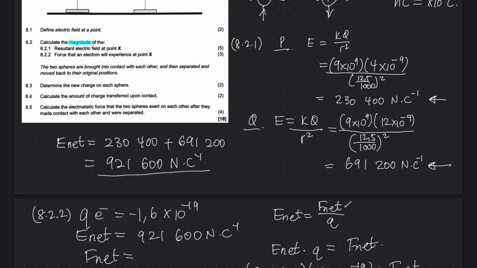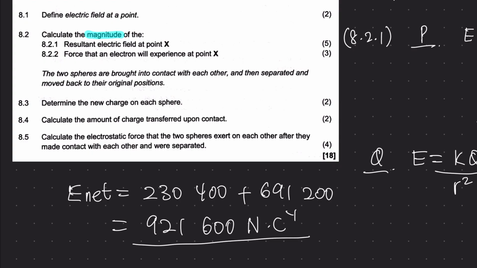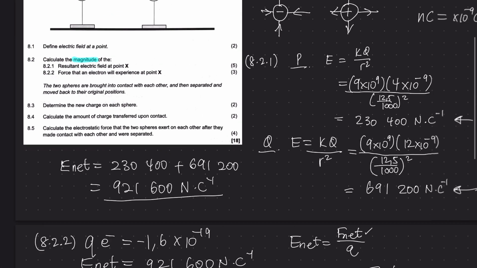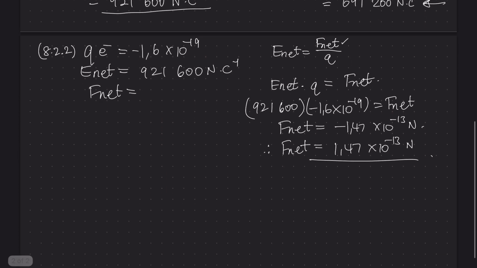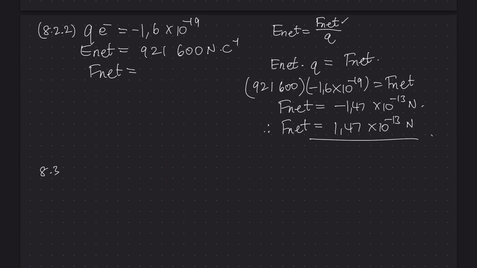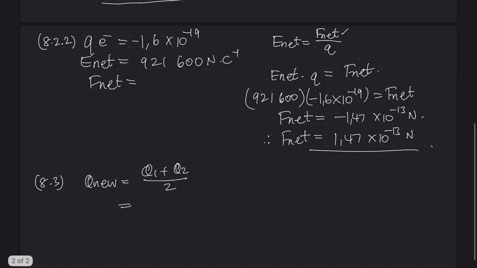Next, they tell us the two spheres are brought into contact with each other and then separated and moved back to their original positions. Determine the new charge. So this is grade 10, 8.3. Q new is going to be Q1 plus Q2 over 2. Now, the charges were negative 4 and plus 12.